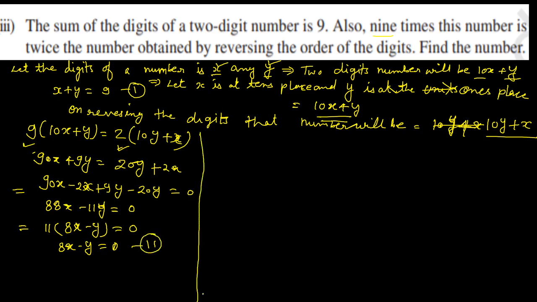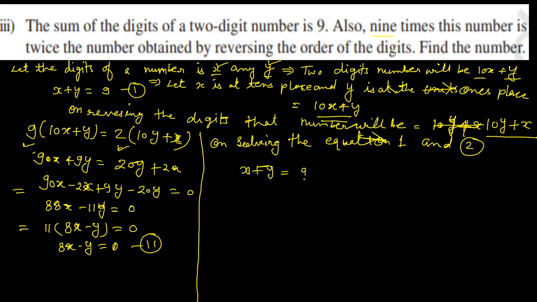On solving equations 1 and 2: x plus y is equal to 9 and 8x minus y is equal to 0. When we solve, 9x is equal to 9, so x is equal to 1.